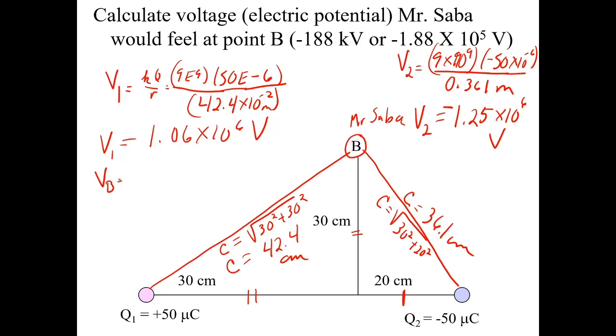So the V at point B is V1 plus V2. 1.06 times 10 to the 6th. Now we end up subtracting because the negative is higher.